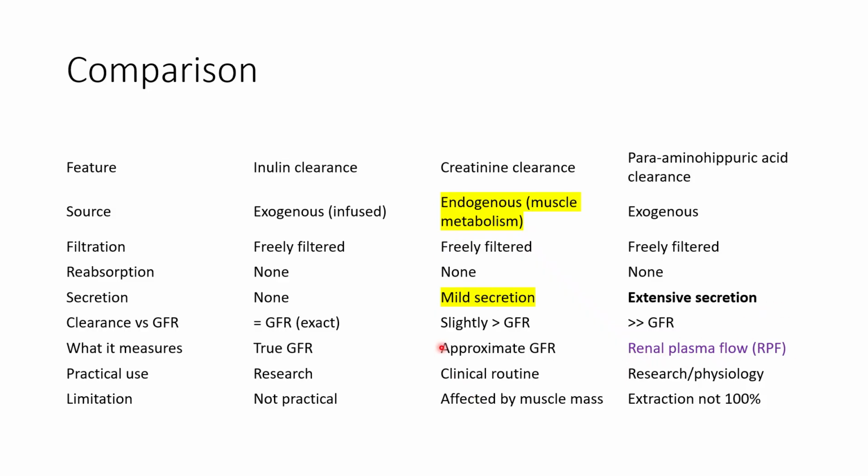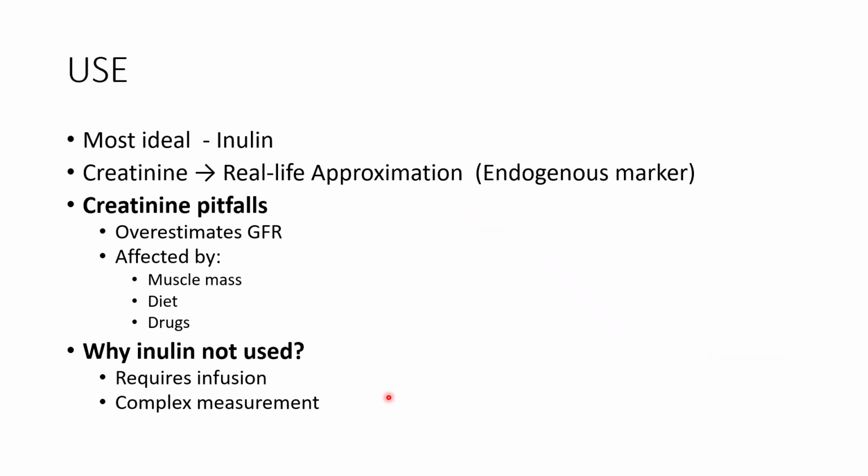Creatinine is an approximate marker of GFR, but the advantage is that it is an endogenous marker, so you don't need to give anything extra from outside the body. The only issue is that it can be affected by muscle mass, protein intake, or disease conditions. So, if someone asks you what is the most ideal marker for calculation of GFR, that will be inulin, but that is not used in day-to-day life.